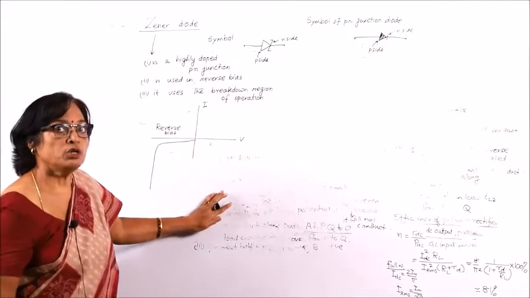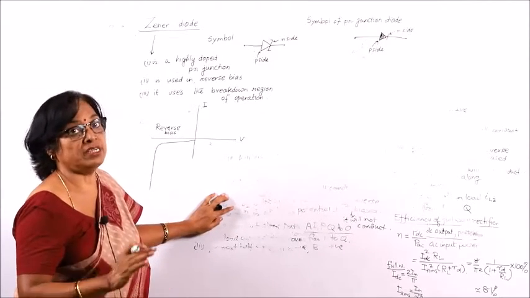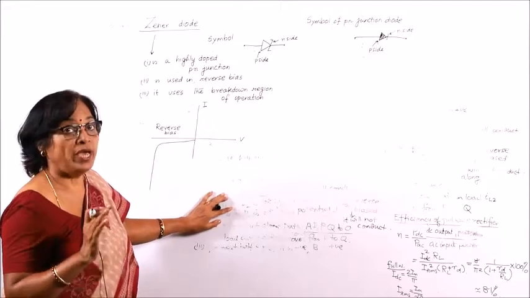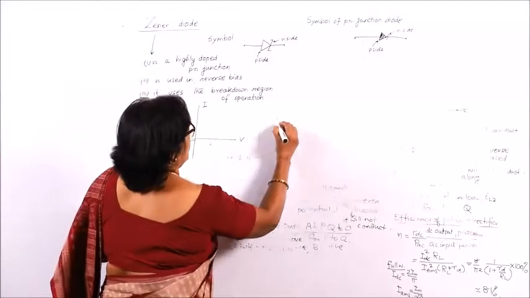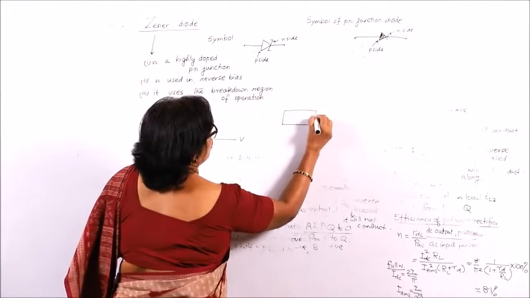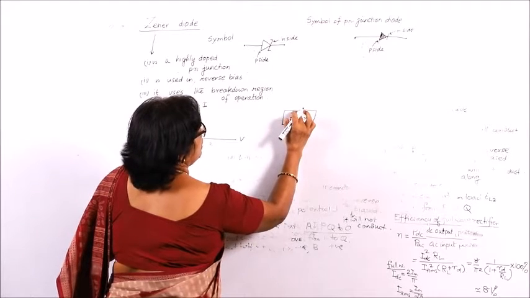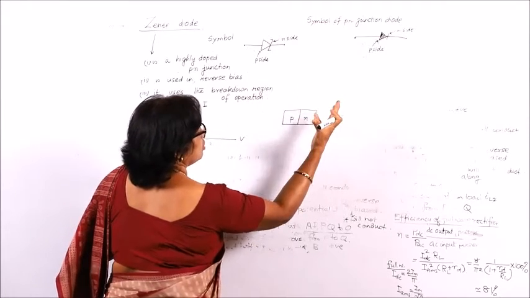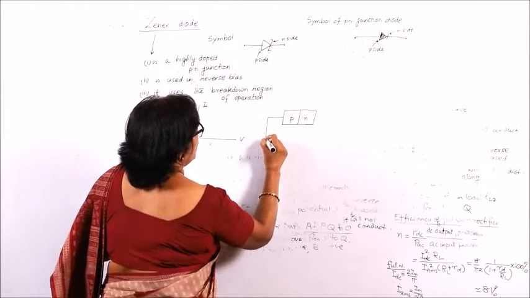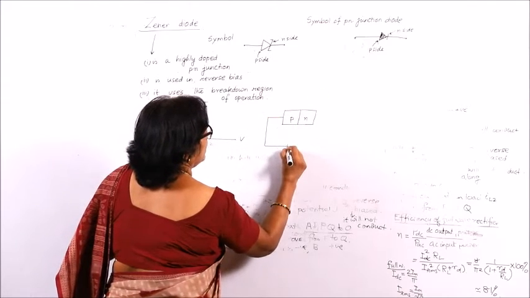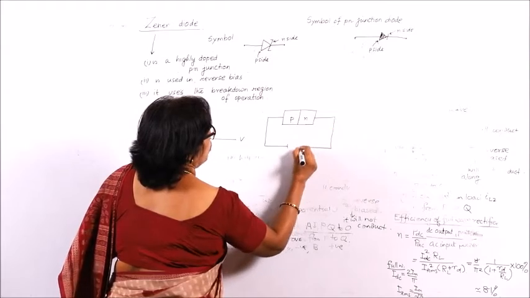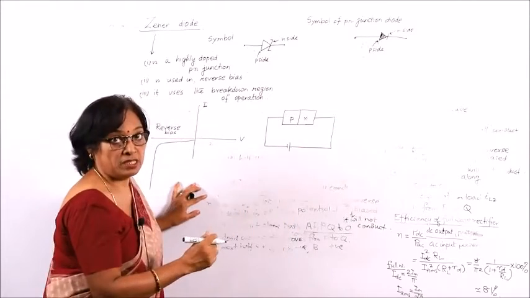I have already told you about avalanche breakdown and Zener breakdown. It is nothing but a PN junction, but the number of holes here is large and the number of electrons is large. When P is connected to negative and N is connected to positive, you get a reverse bias.